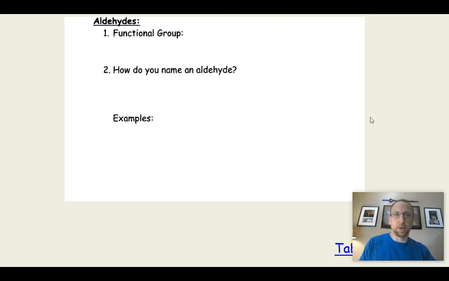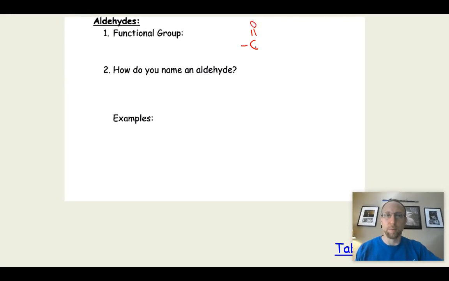So next up, the aldehydes. So the aldehyde functional group is just like the ketone. We have a C double O. It's that carbonyl group.